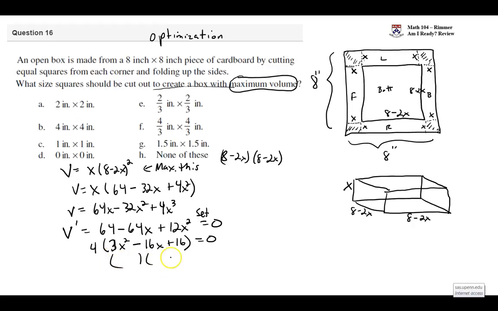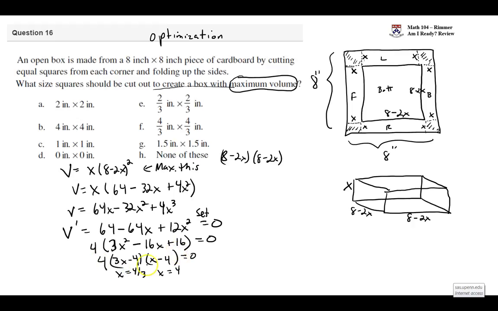And hopefully this is some nice thing to factor. 3x and x, 8, and oh, the signs are the same. It's minus and minus. So yeah, 8 and 2 don't work. 4 and 4 work. That would give us x being equal to 4, or possibly x being equal to 4/3.